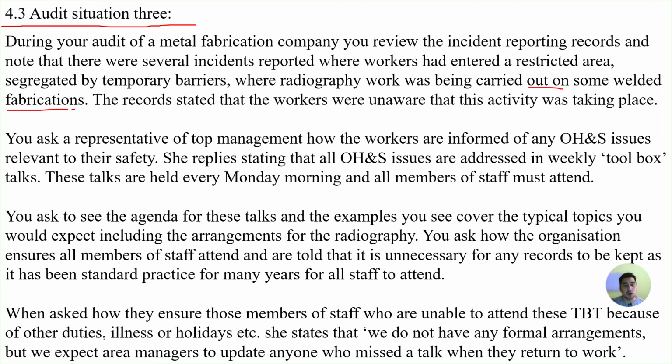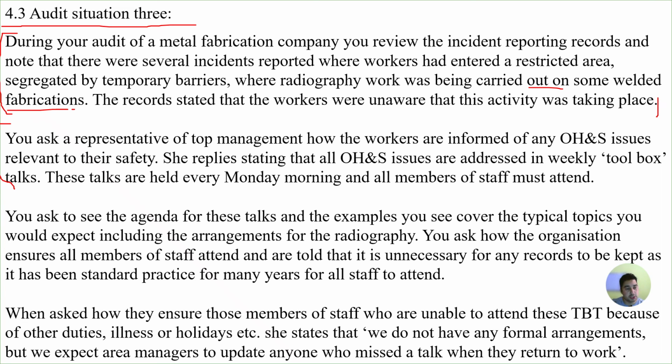Okay, the records stated that the workers were unaware that this activity was taking place. Okay, first situation. This is your observation.